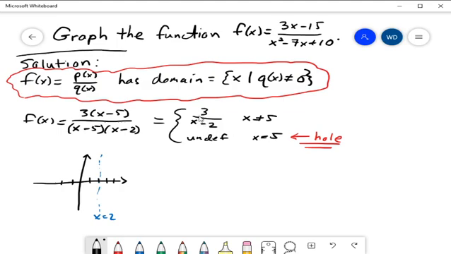As x gets really, really big, the denominator goes to infinity, the numerator stays 3. That means that here, because the degree of the denominator is larger than the degree of the numerator, I have a horizontal asymptote, y equals 0. And so to graph it, basically I just need to find two other points on either side of the vertical asymptote, and essentially draw a curve that goes close to each asymptote but doesn't cross them.